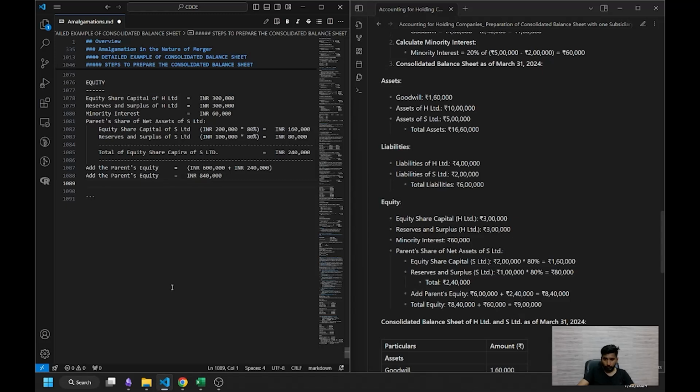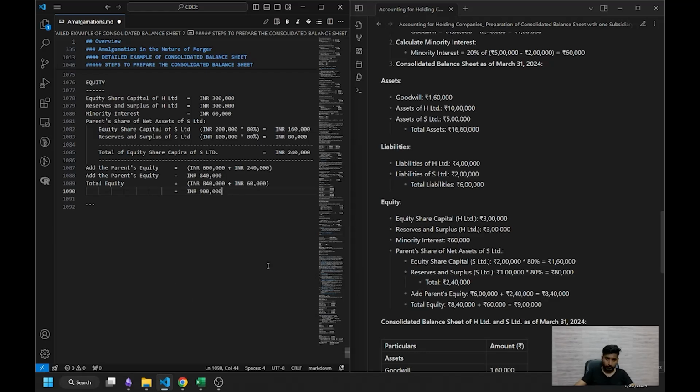Okay. Hence we have the total equity as rupees 8 lakh 40,000 plus 60,000, which is equal to INR 9 lakhs.